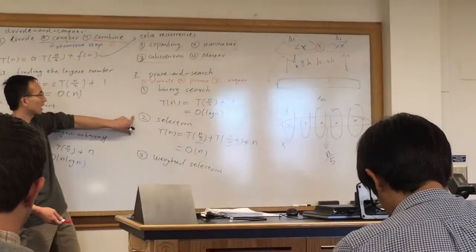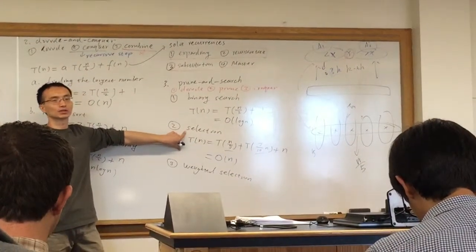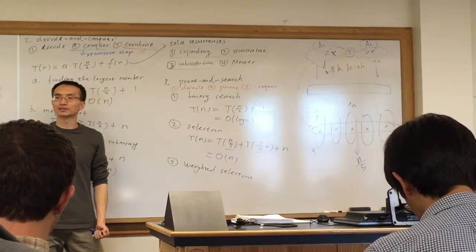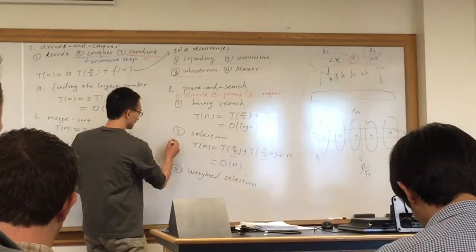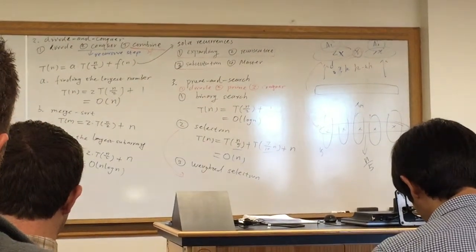Now, once we have this algorithm, we can use it to compute the median of a set of numbers in linear time. And that's why we have a standard search technique.